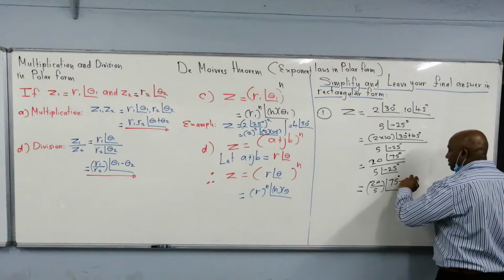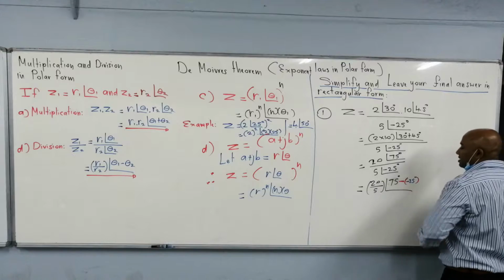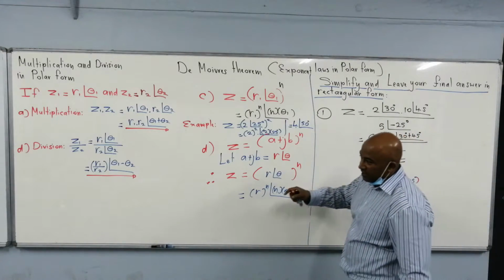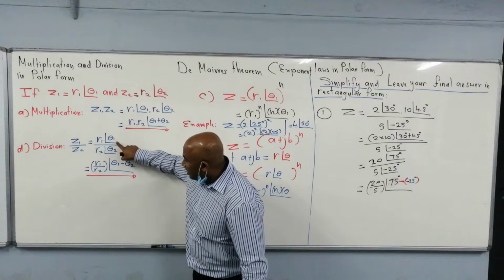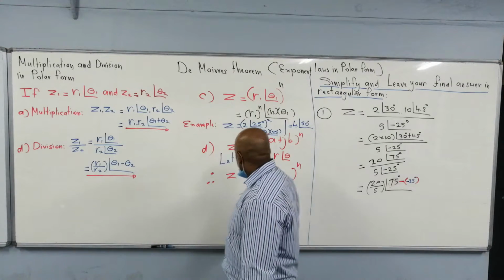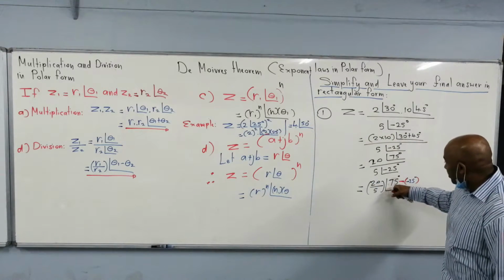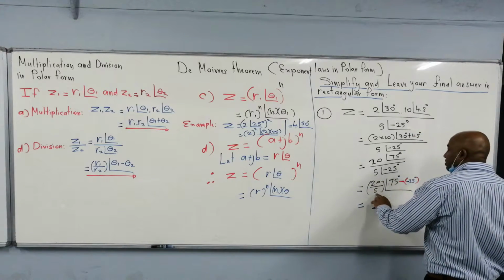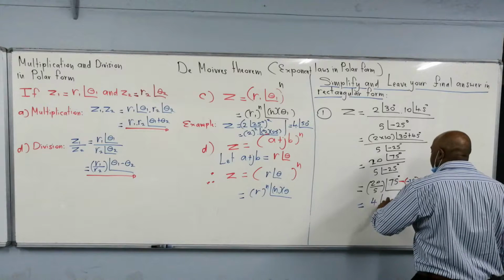Your bottom angle is minus 25 degrees. So the rule is top angle minus bottom angle, theta 1 minus theta 2. So 20 divided by 5 is 4.